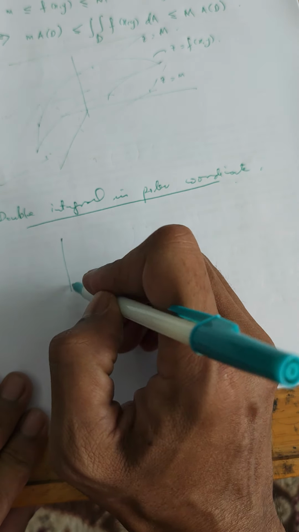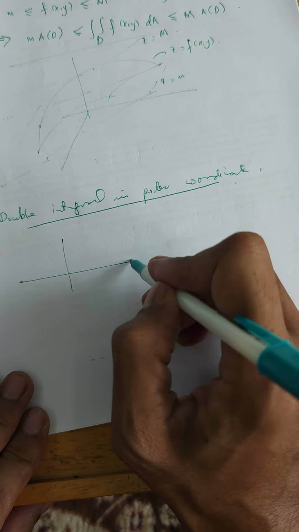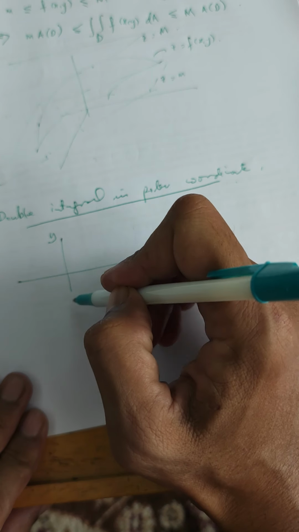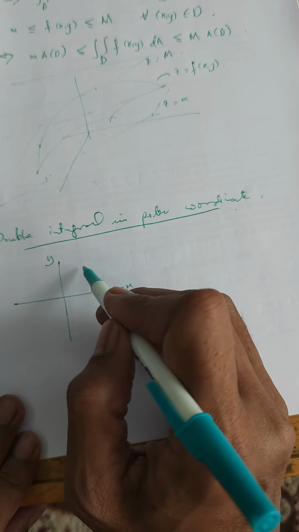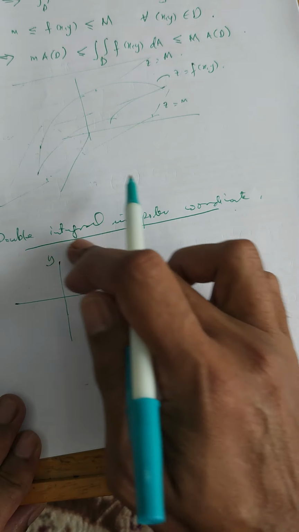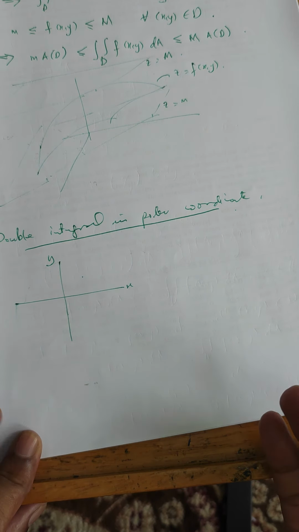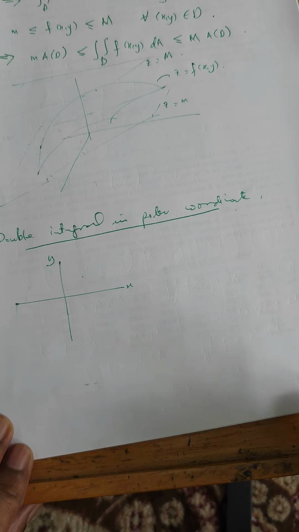So basically it's still on the xy plane, but for polar coordinates we consider any point on the xy plane as a combination of an angle and the radius of a circle.